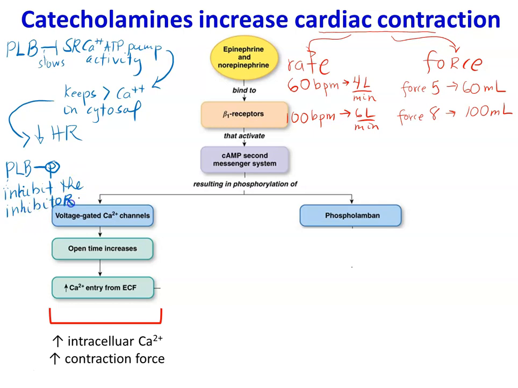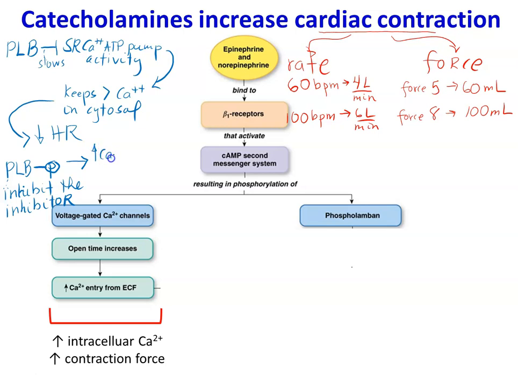Okay? And what that means is that PLB will change shape when it's phosphorylated. And now it can't perform its inhibitory function on the calcium ATP pumps. So now the pumps are very active.